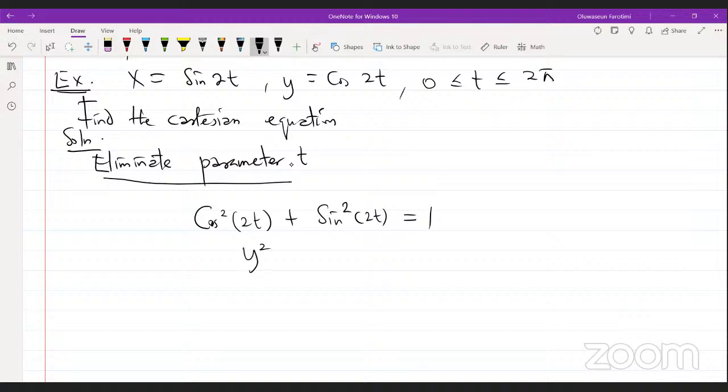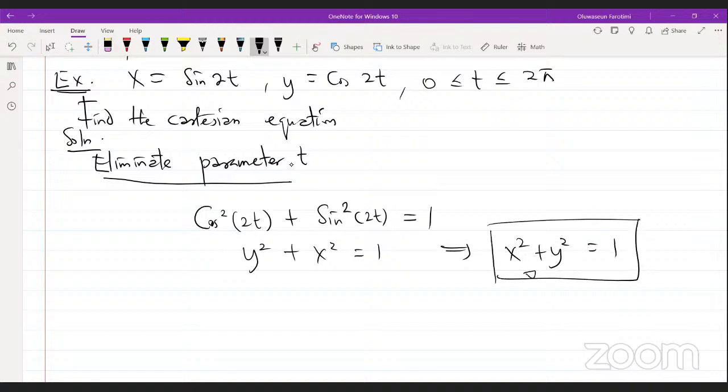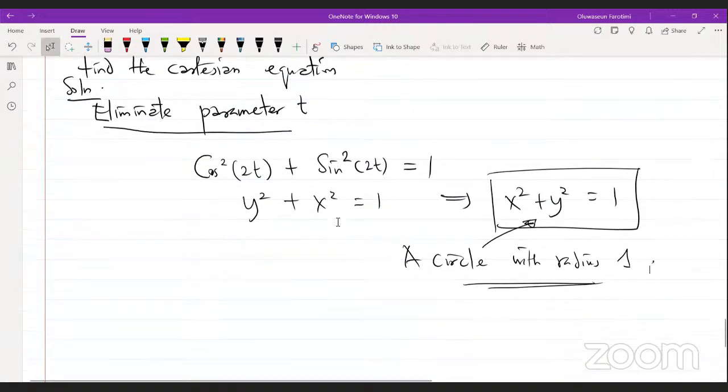That's like y squared plus x squared, right? And of course, this guy, if you put x first, what does this describe, guys? A circle. You must be able to identify it, okay? A circle, what radius? Radius 1. Make sense, guys? Easy, right?